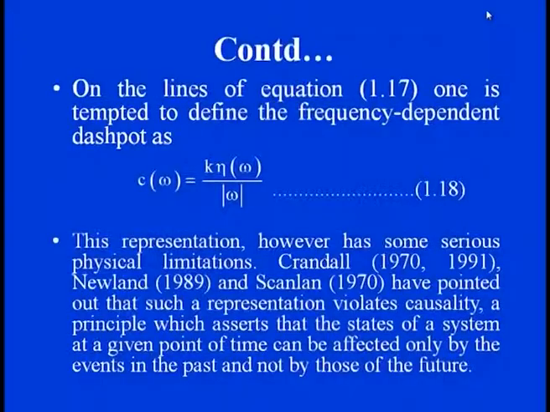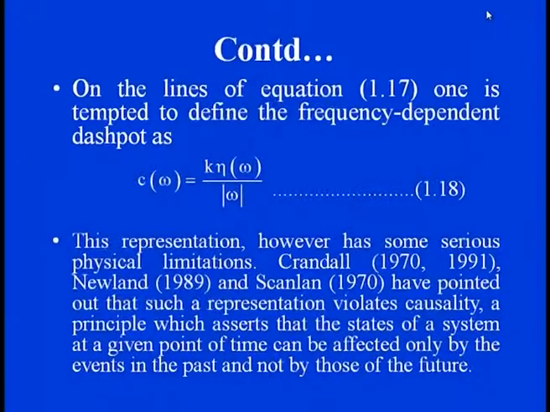But again, it shows linear propagation, and that is why there are lots of limitations in that. Many researchers, from Crandall to Newland to Scanlan, pointed out that when we show this linear propagation, the causality is violated, which violates this linear propagation law.